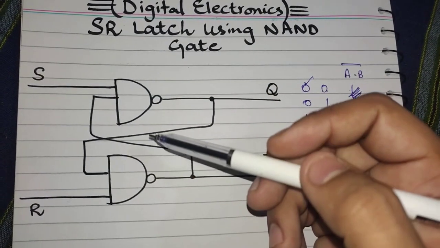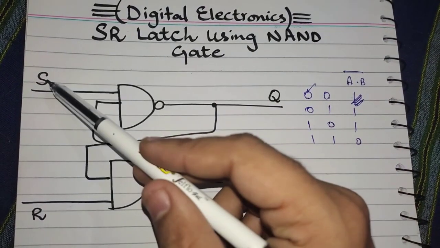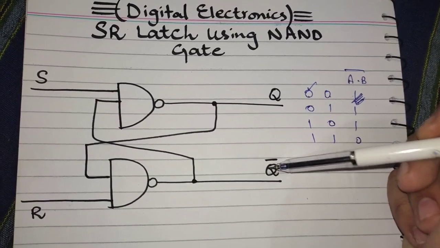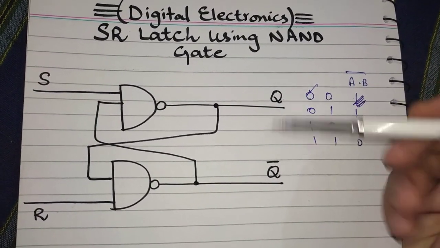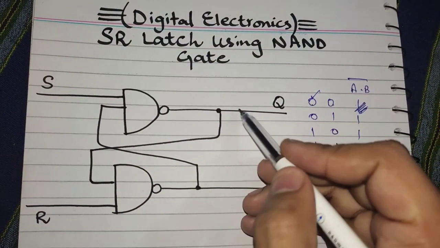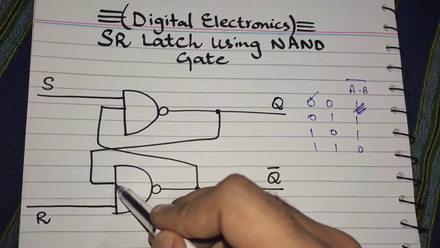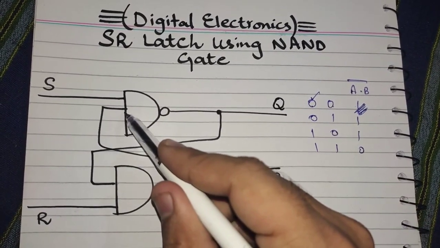So the latch circuit using the NAND gate consists of two inputs, which are S and R, and in output we have the Q and the Q bar, which is the Q complement. The first output is the Q and the second one is the Q complement, and you can see this Q output is going as an input to the second NAND gate, and this Q complement is going as an input to the first NAND gate.